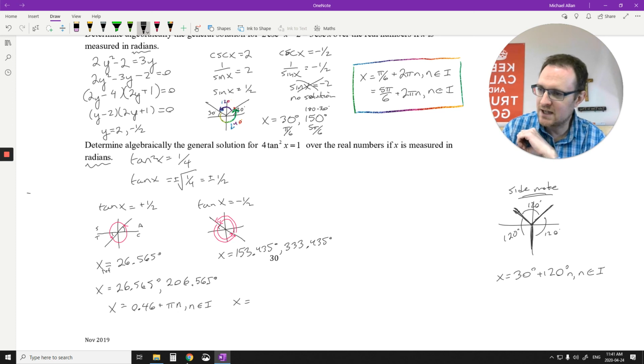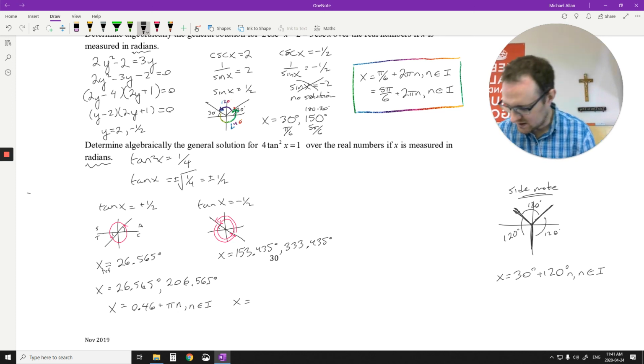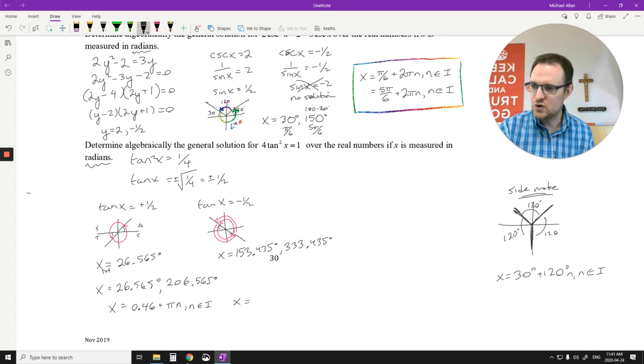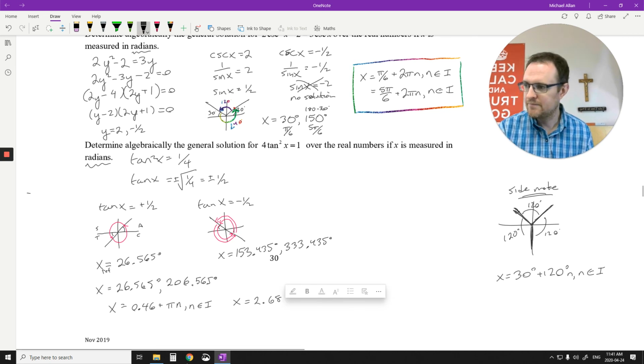And then this side over here, I'm going to change that. 153 times pi divided by 180 is 2.68, plus pi n, n an integer.